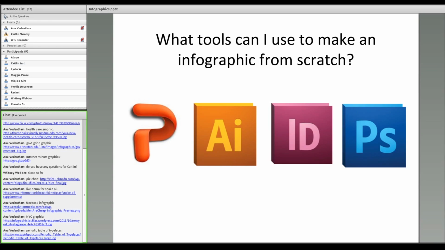If you haven't used any of these tools before, we do offer workshops on them in the Weigel Information Commons. You have help available from our staff. The lab staff are all really well versed in these products and they can help you get started. Another resource I wanted to mention is lynda.com, which we can give you access to.